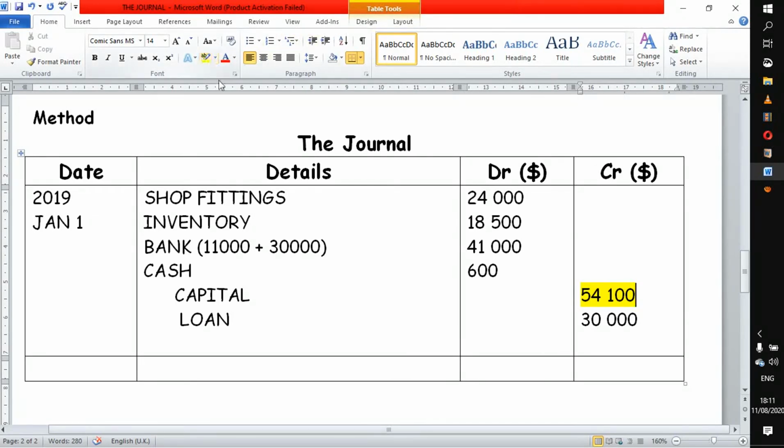So the question requires us to make a narration, maybe describing what this is all about.